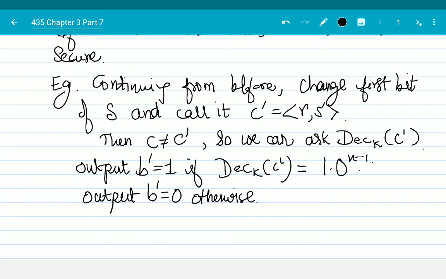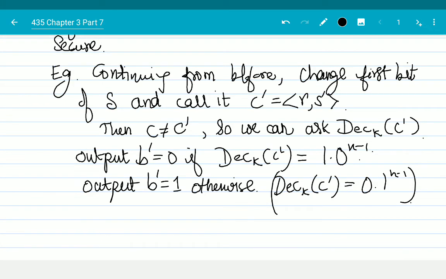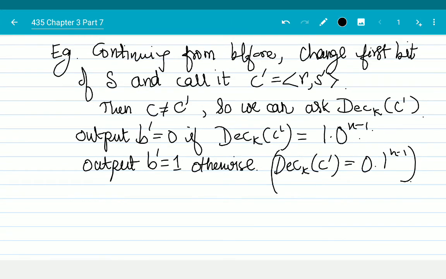Okay, technically, because of the way I'm doing it, Dec_k(c prime) is 0, 1^(n-1). Oh, yeah, I flipped them by accident. So b prime is equal to 0, b prime is equal to 1. Okay? And in that case, I'm always going to succeed. If I give my messages M0 and M1 in that form, I'm always going to succeed with probability 1.